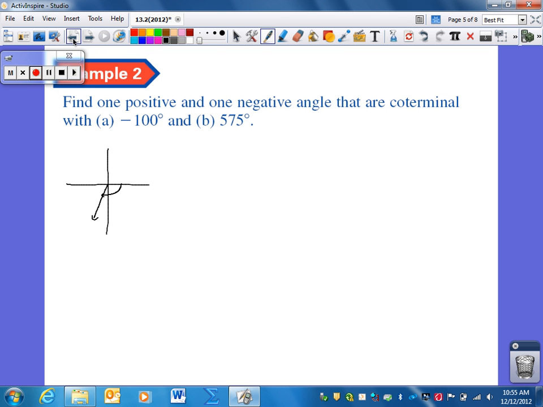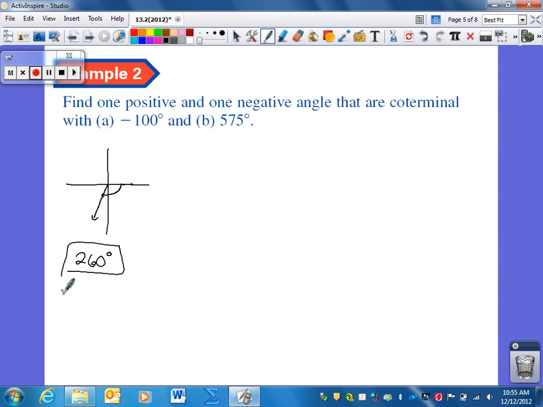For problems like this, you can just list. Starting at the initial side, so starting on the x-axis, how would I get there going the positive direction? How many degrees would I have to rotate? I'd have to rotate 260. So one of my coterminal angles is 260 degrees.